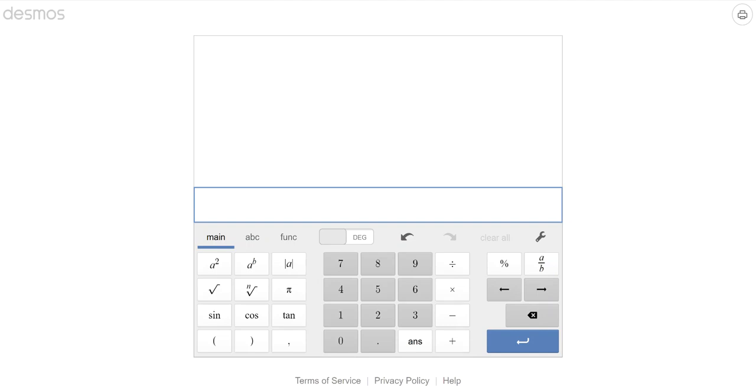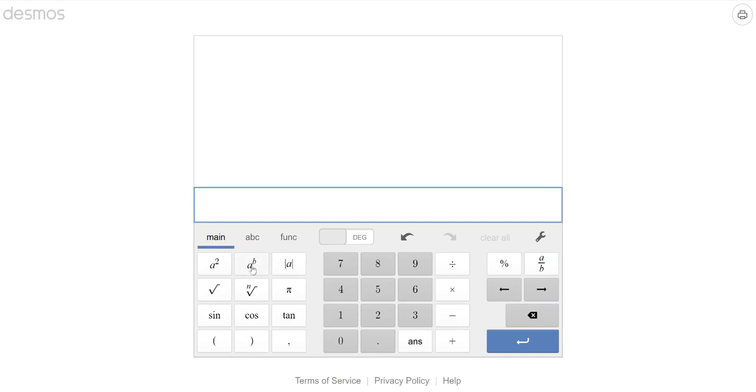This is a web page that we're on. I'm not sure if I'm recording the entire screen. I'm not sure if you can see the bar up at the top, but in case you can't, desmos.com/scientific.